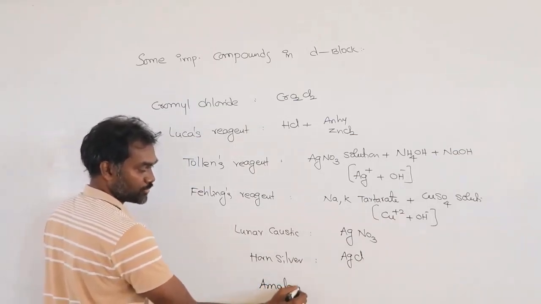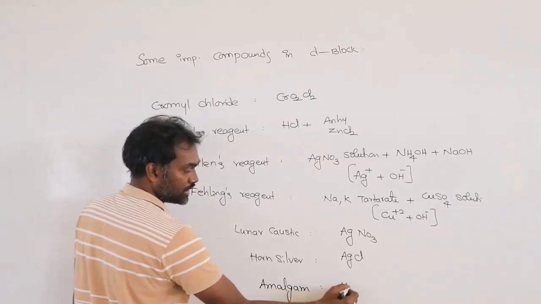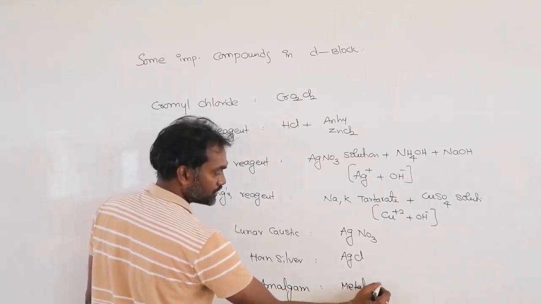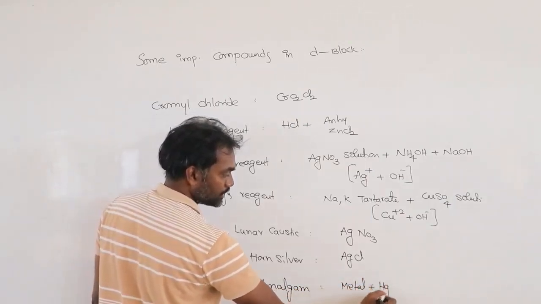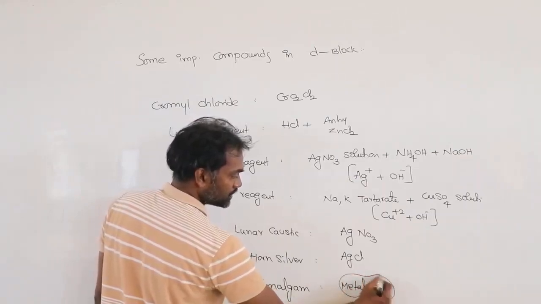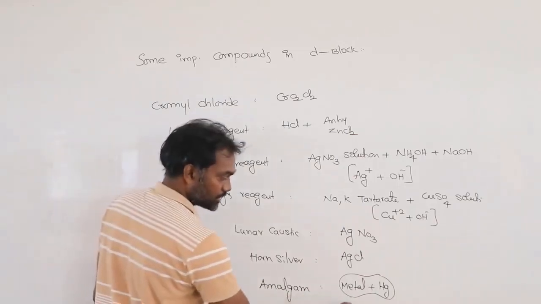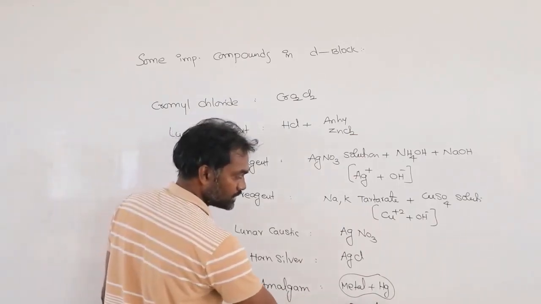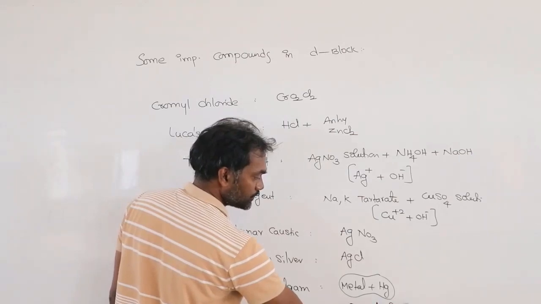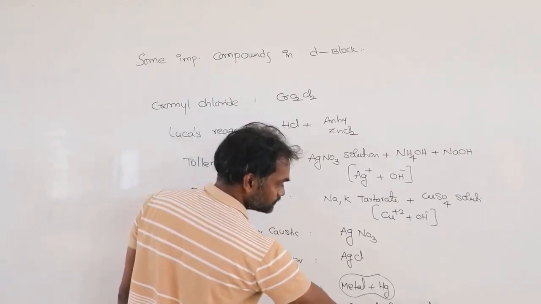Already we discussed amalgam. So any metal combining with mercury, you call it as amalgam. So iron is not forming amalgam.